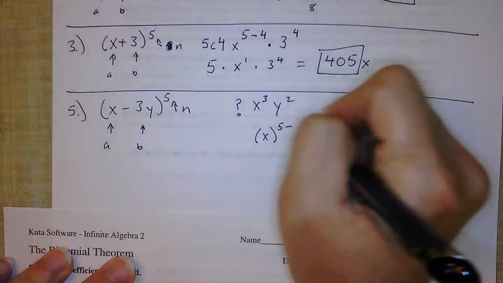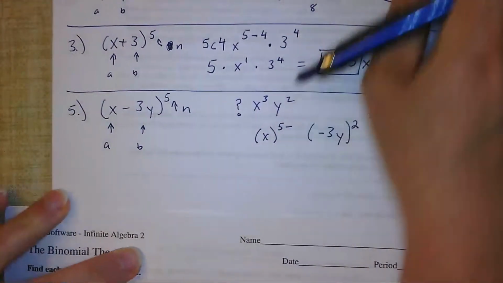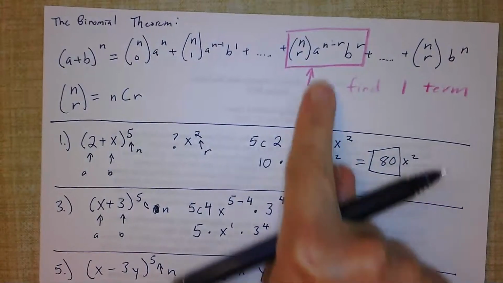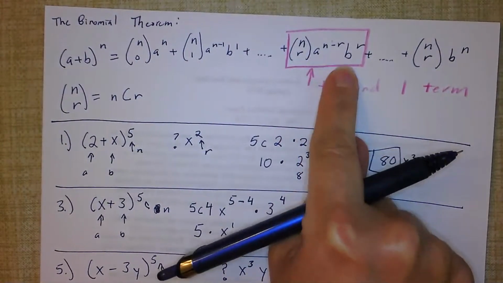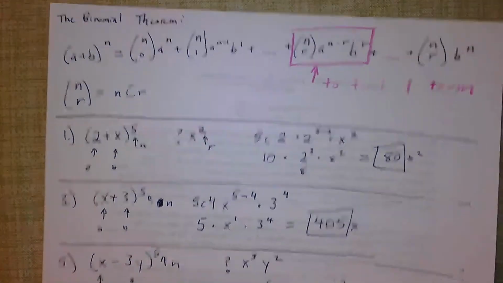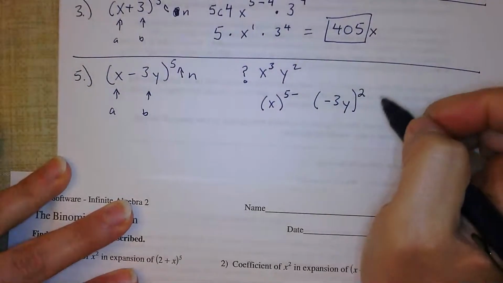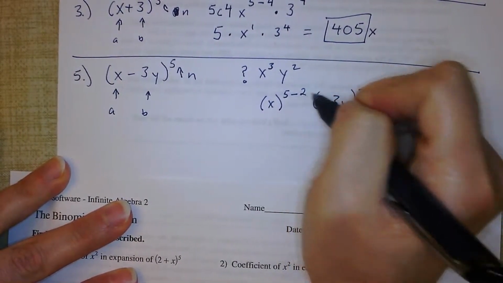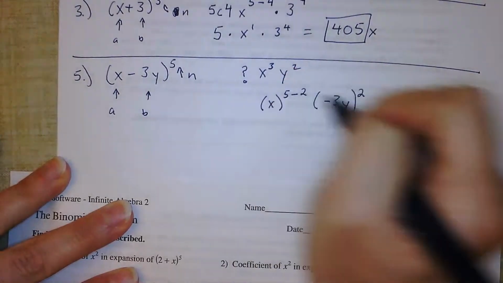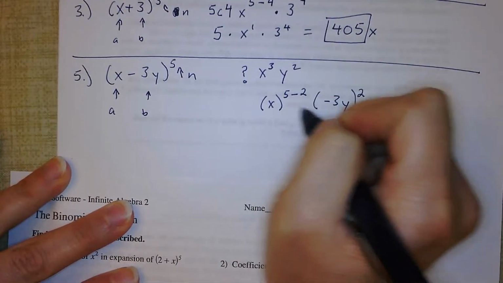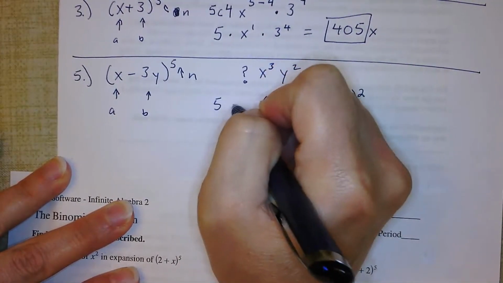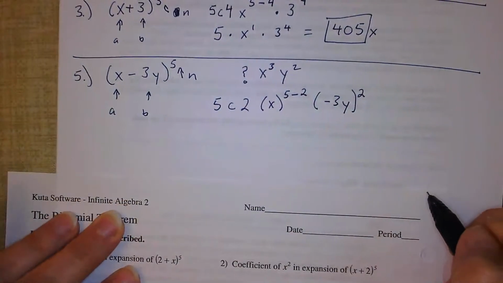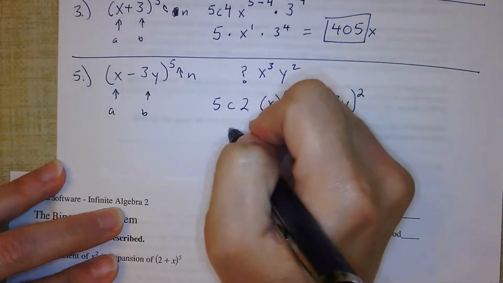And that makes sense because remember my formula is a raised to n minus r, b raised to r. If I do y squared and then 5 minus 2, that'll give me x cubed. So that means I need to do 5c2 again, which I already know is 10 because I've done that before.